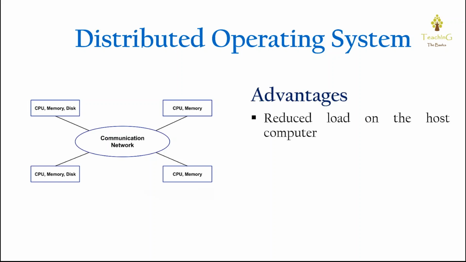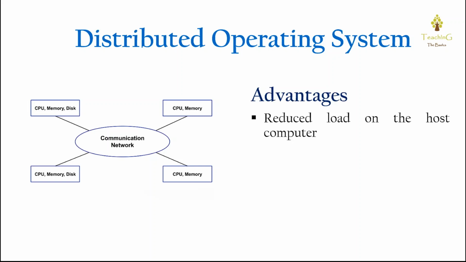The first one is reduced load in the host computer. A single computer doesn't have to take all the load. It is distributed among all the other hosts in the distributed network.